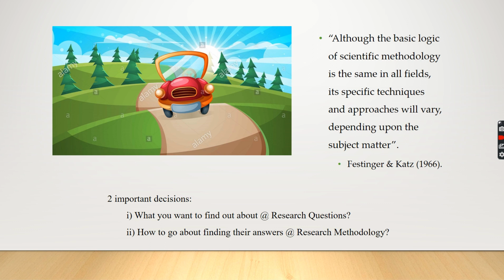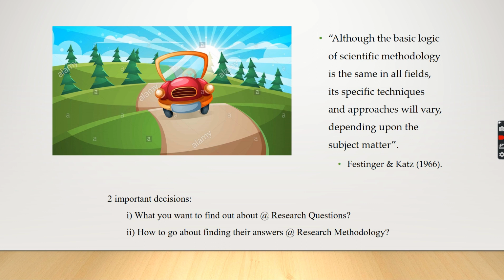And the second one would be finding the answers, the research methodology. Along the way, there are various obstacles. You have to understand the rules and regulations, you have to follow certain norms, and so on and so forth.